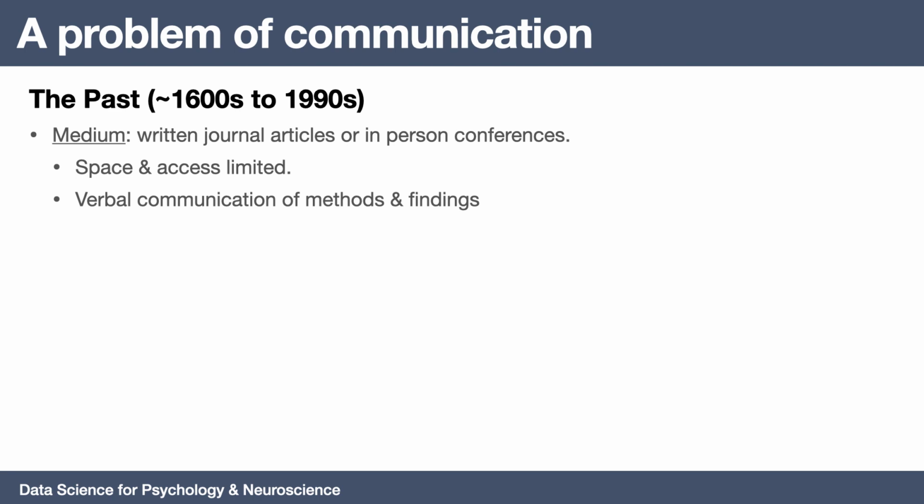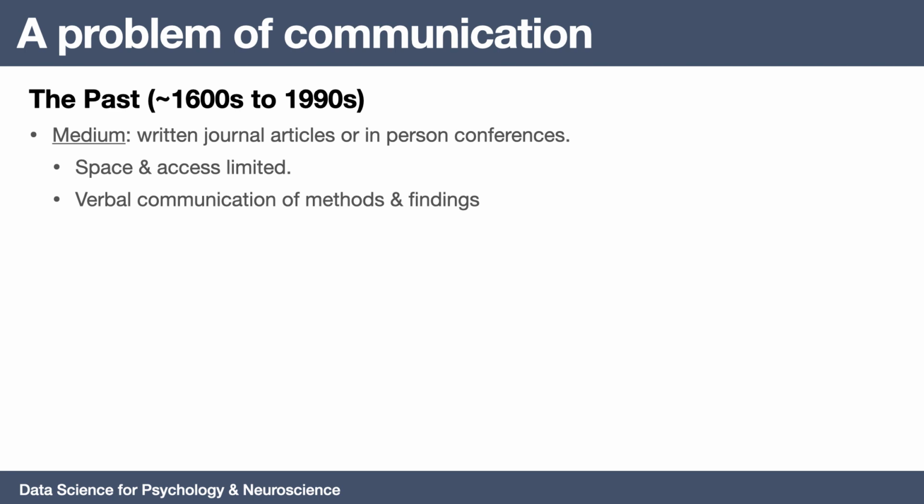And the way the science was communicated was restricted largely to written mediums. So mostly journal articles or in-person conferences. So people would either meet and present their work and talk about their work, use demonstrations in large public arenas, or write them down as journal articles, which really didn't start until the 1600s, 1700s. So as a result, there was a limitation in space and access.